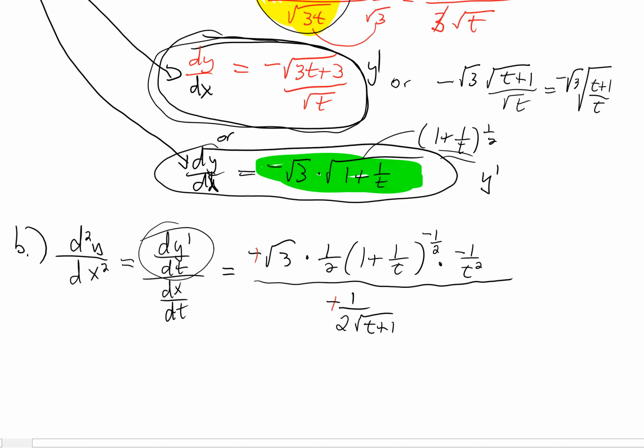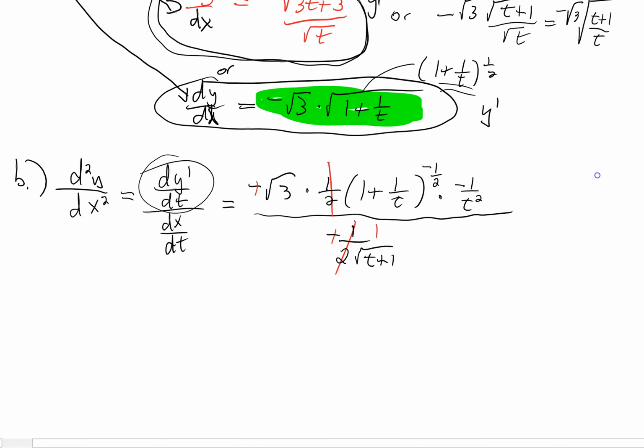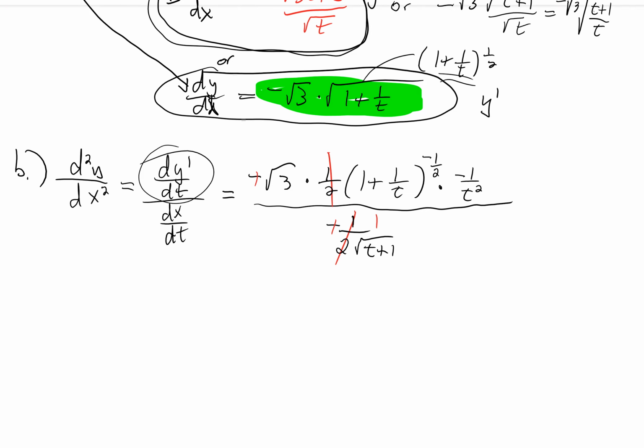The negatives are going to cancel out. Look, this 1/2 and this 1/2 is going to cancel out. So that's kind of something nice right here. Let's just see if we could quickly clean this up, rewriting the top. Let's see, I'm going to have this radical 3.